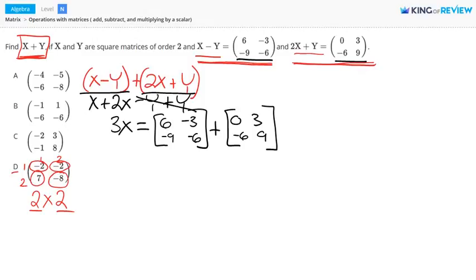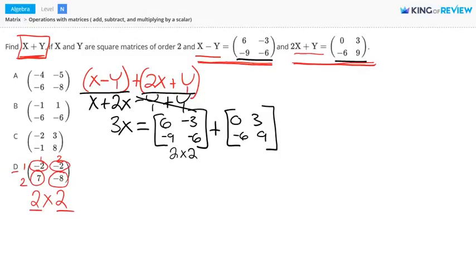To add or subtract matrices, you must add or subtract corresponding entries. You can only add or subtract matrices with the same dimensions. This first matrix has 2 rows and 2 columns, so it's a 2 by 2 matrix.